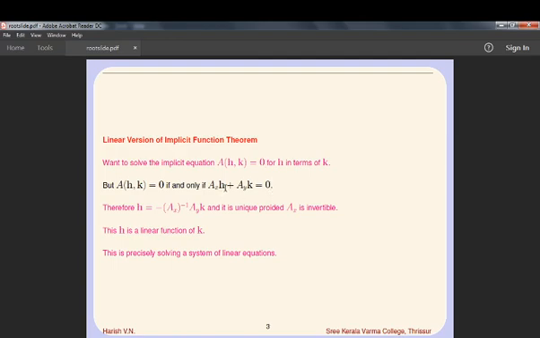Now solve for h. How do you solve? Take this to the right side. So AXH is equal to minus AYK. Therefore, what is h? It is minus of Ax whole inverse AYK, provided Ax is invertible.